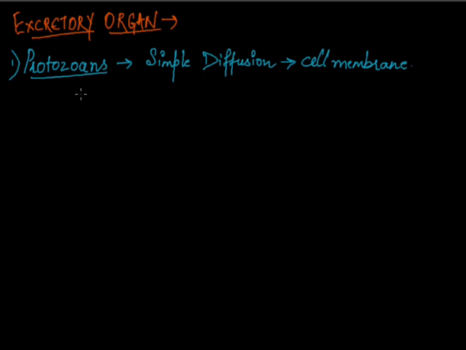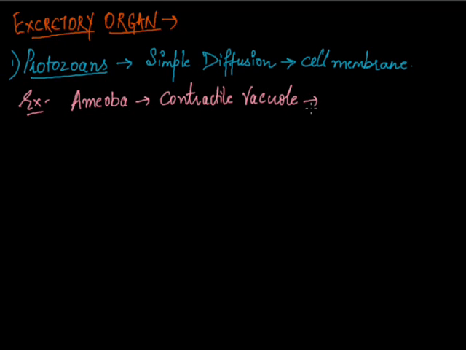In freshwater protozoans, like amoeba, they have a contractile vacuole in which the waste material and extra water get accumulated, which helps in their osmoregulation. Amoeba excrete ammonia as it is aquatic in nature.